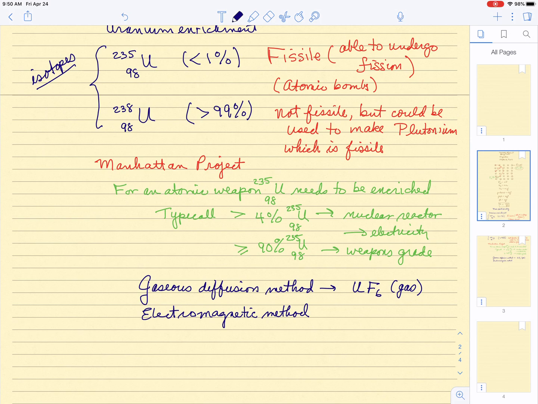The heavier isotope, the U-238 isotope, would diffuse more slowly than the uranium-235, affecting separation between those two. And so what came out of the tube at the back end was primarily enriched uranium-235.